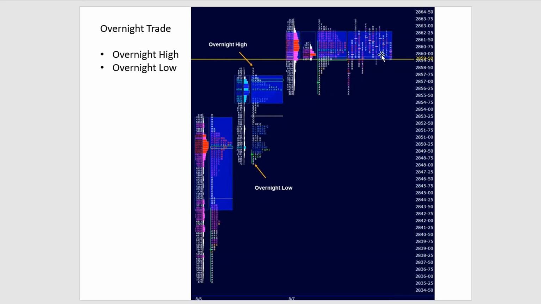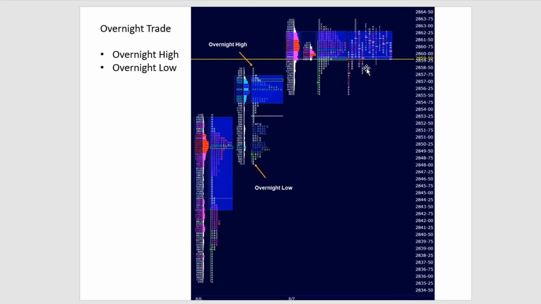The example that I'm showing you right here happened a day before we were making the current video, so we didn't have to go back a long way and search for these examples. If you will notice, the market made an earlier low, but the pullback low is almost exactly at the overnight high.